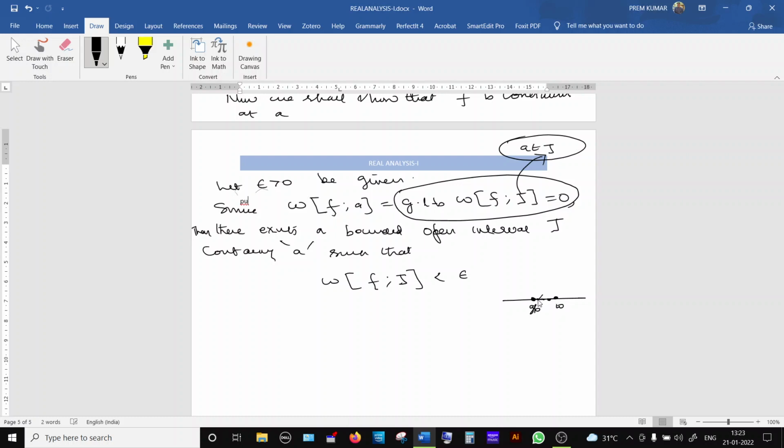So all the omega values come very close to the GLB, so you can think that the limit is 0. So the difference between them is less than epsilon. That is why we write that the oscillation of f over J is less than epsilon because of this result.